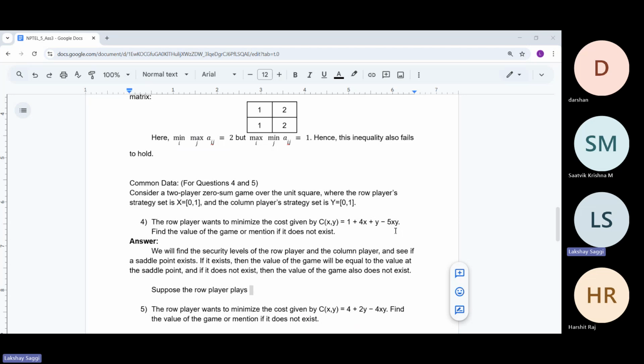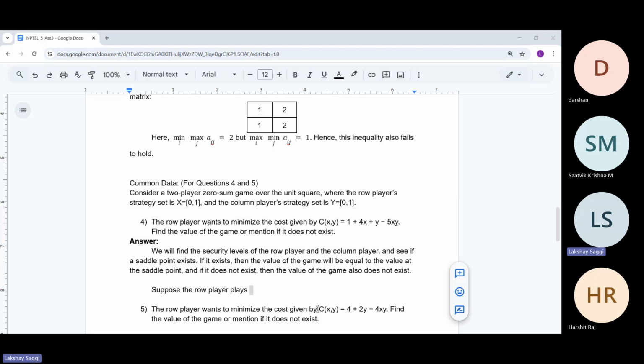So, Satvik, are you typing something in the chat? Okay, Satvik says that the saddle point exists because the security levels don't match. Yeah, that I understand, but what procedure did you follow?